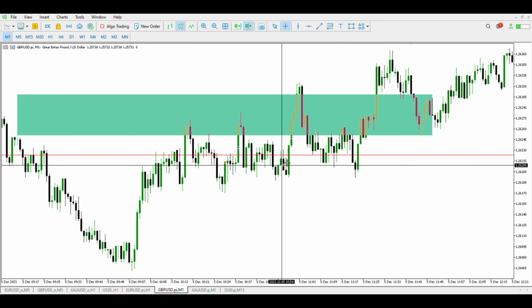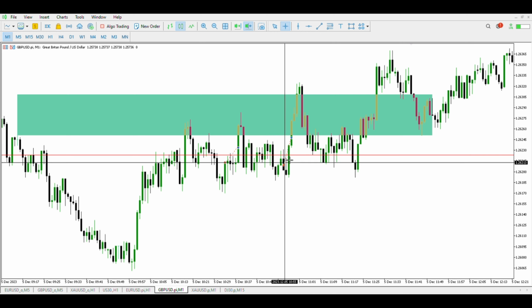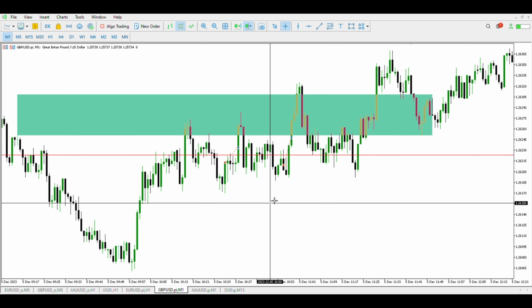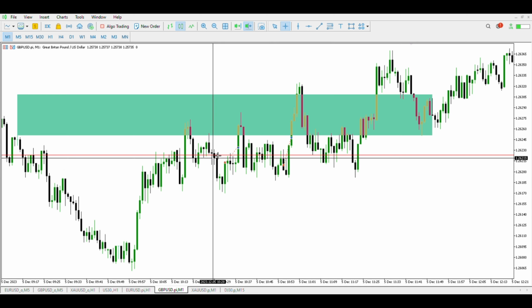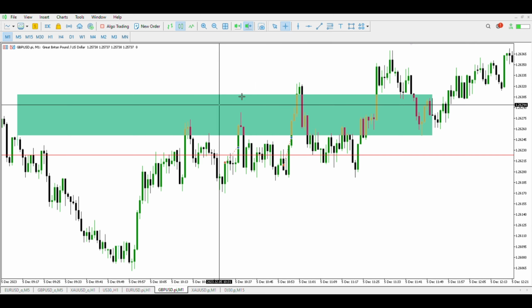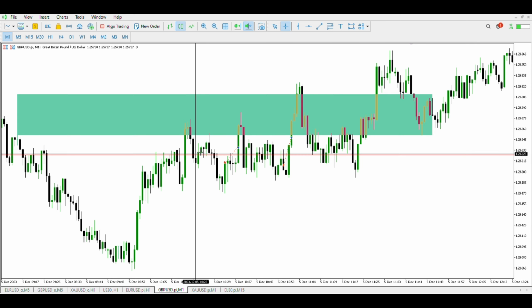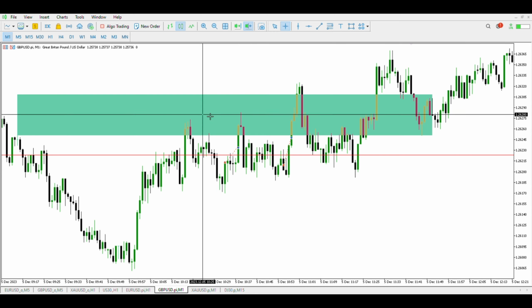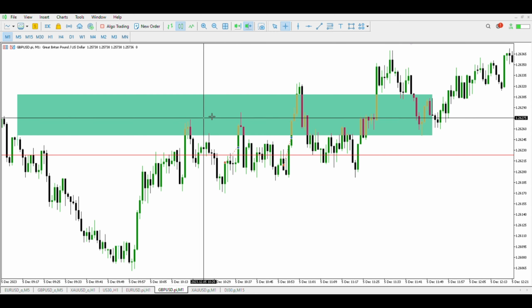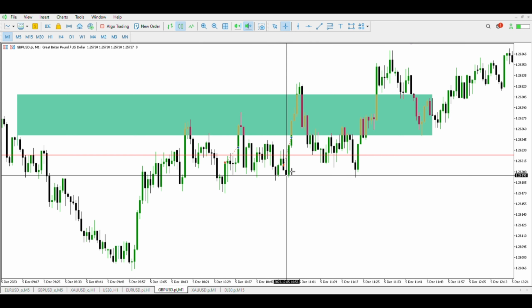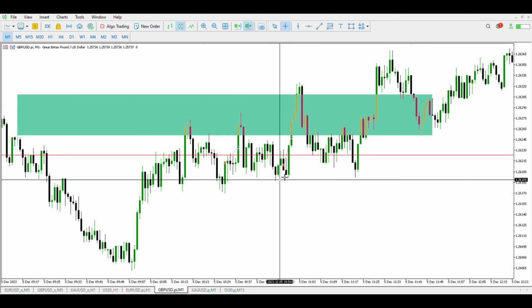So I'm entering right there for a sell, but it still refused to play out as I expected. But that's okay, sometimes it happens like that. I am correcting my trade. The trade is within a 4-hour order block within a 15-minute fair value gap. I'm still waiting for a shift in market structure in the lower time frame.